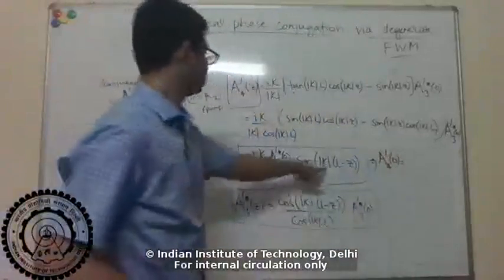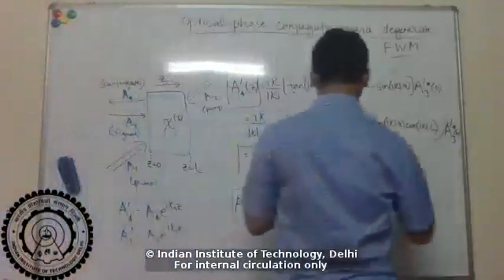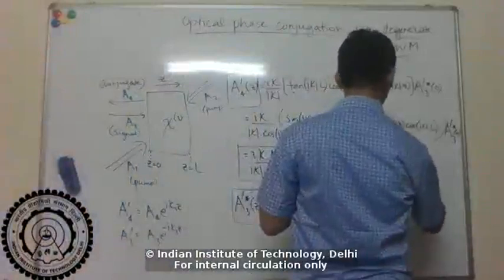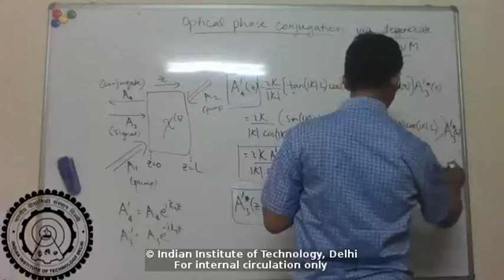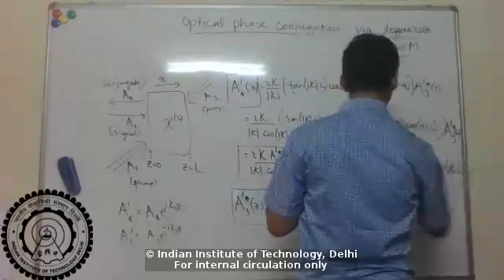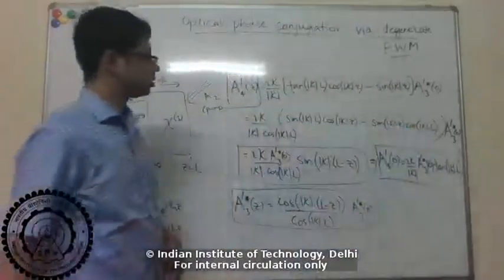So just put Z equal to 0 here. So you get sine by cos, or tan. Right?